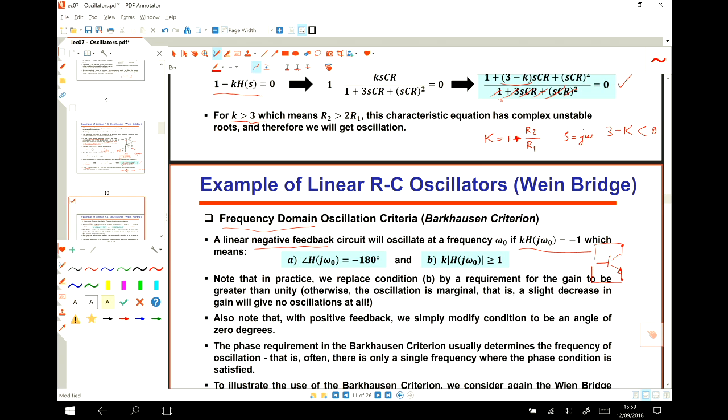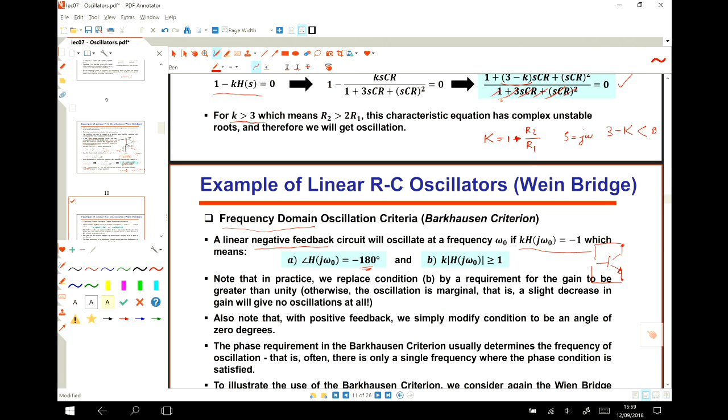So if we have a negative feedback, then this should be satisfied. And then it means that the phase of your system at the frequency of oscillation should be -180 degrees, and the amplitude of the gain of the system should be greater or equal to 1.